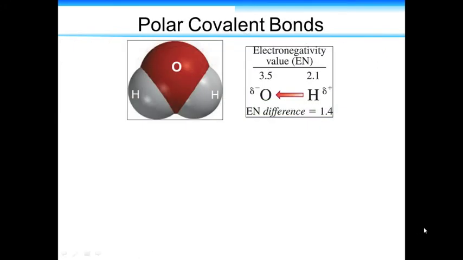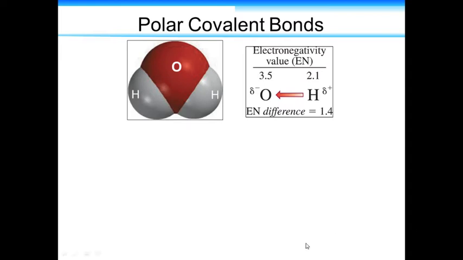So why is electronegativity important? Well, when you have a difference in electronegativity or electron pulling power between atoms in a molecule, you obtain an uneven distribution of electrons. What does that mean?